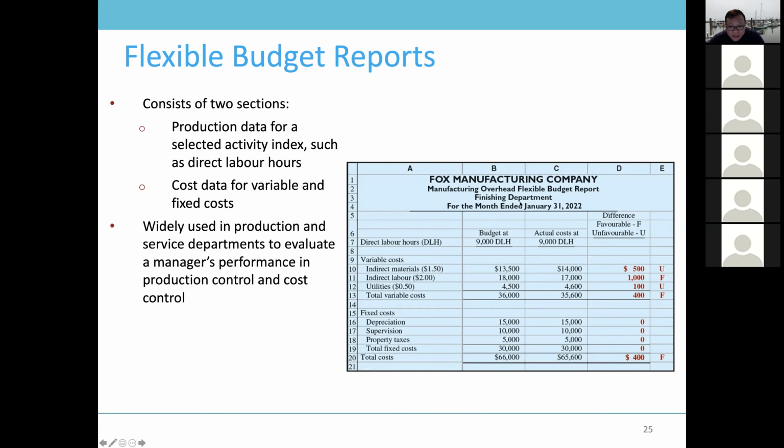So this flexible budget report is used in production and the service department. Basically they want to evaluate the manager's performance. Do they control the cost very well? You can see these are the costs. If I see this report, I see that overall there is a $400,000 favorable variance, so I should be happy with the performance of the manager.